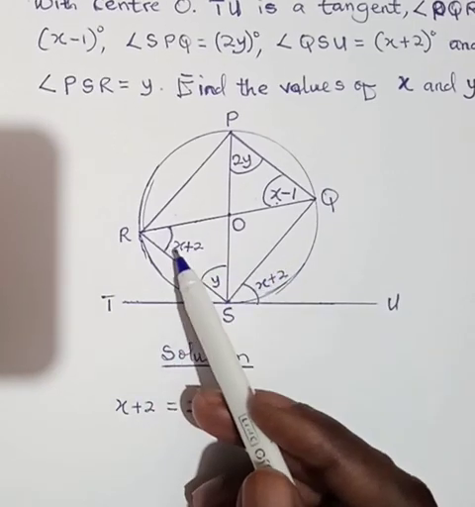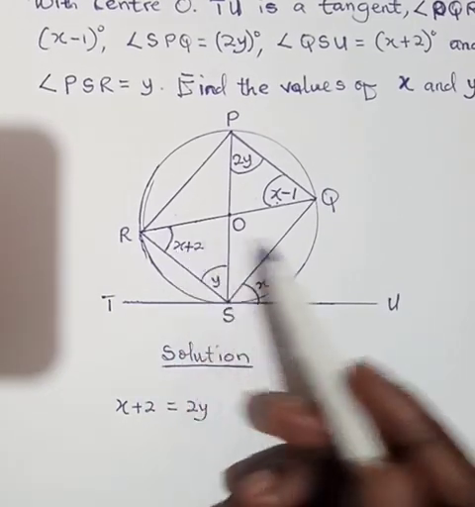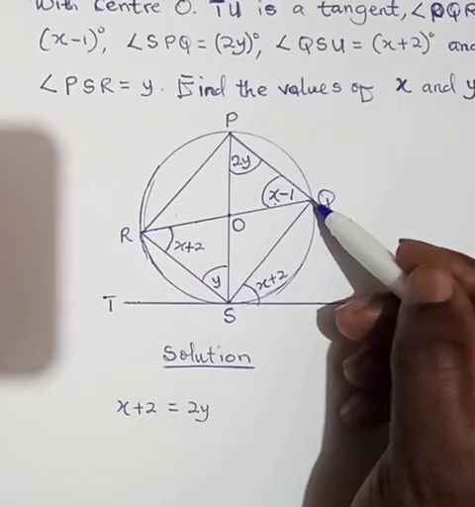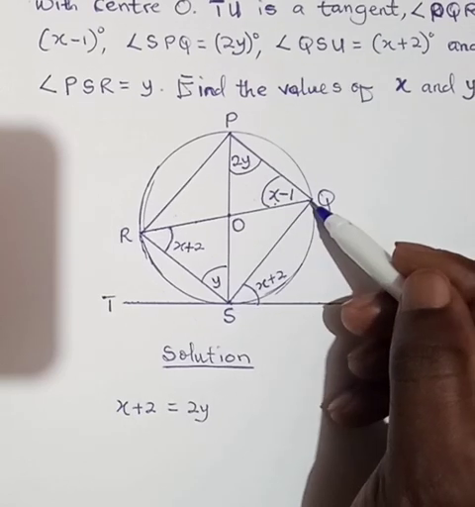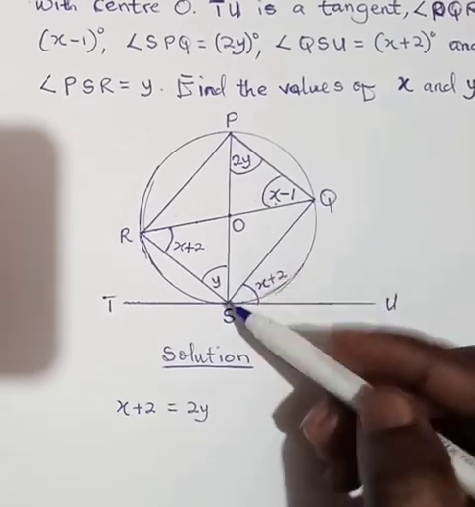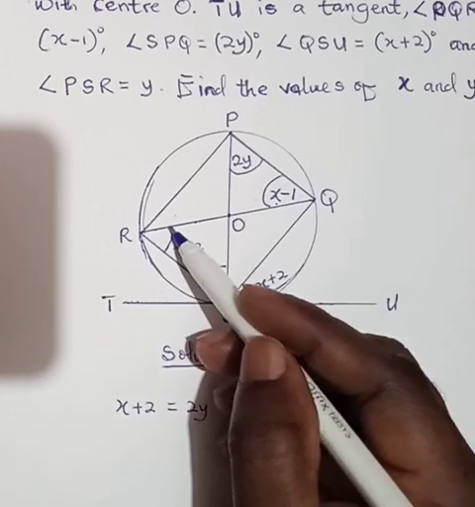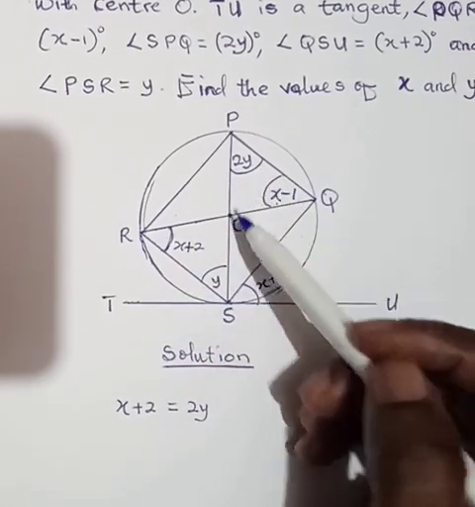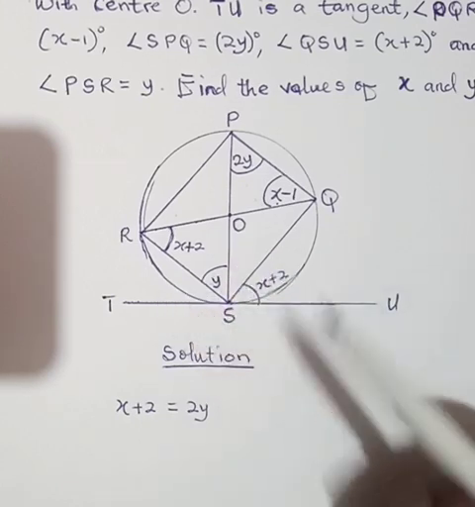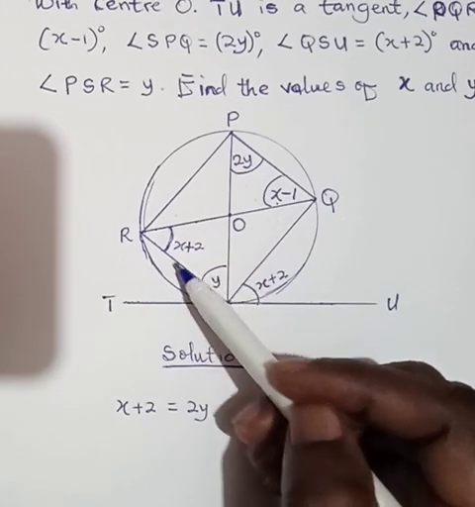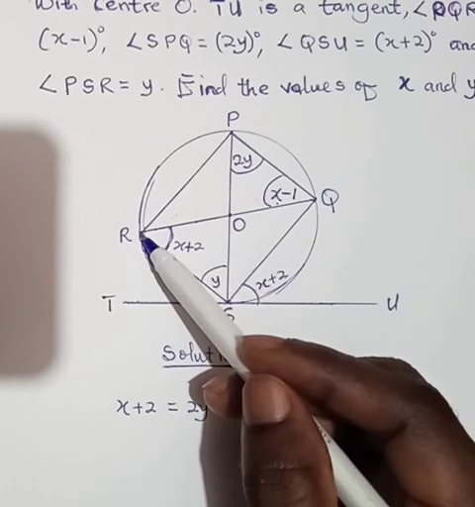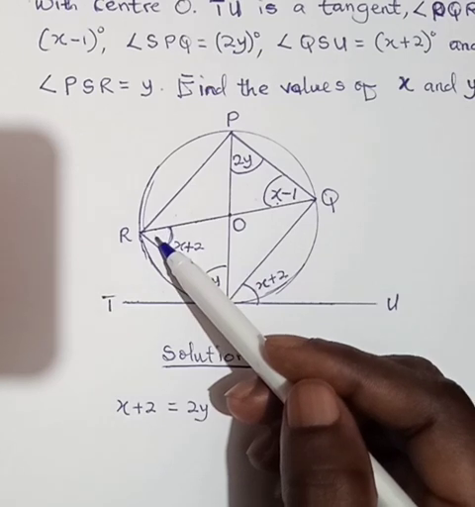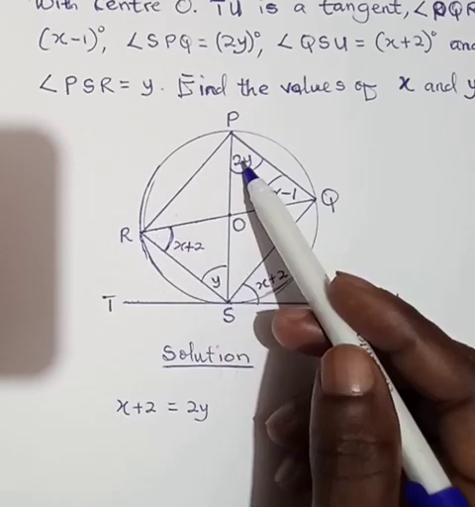Let's see if we can also use another property. Looking at this line, SQ is also a chord. If I have a chord here and one angle formed here and another angle formed here, this property states that angles subtended by a chord at the circumference are equal, or angles formed in the same segment are equal.